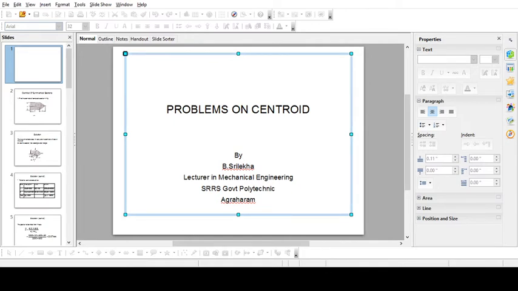The web is of length 10 and 120 is its height, whereas the bottom flange is of length 200 and its height is 20. Similarly, the top flange is of length 60 and its height is 10. Now we have to calculate the centroid of the given I section.